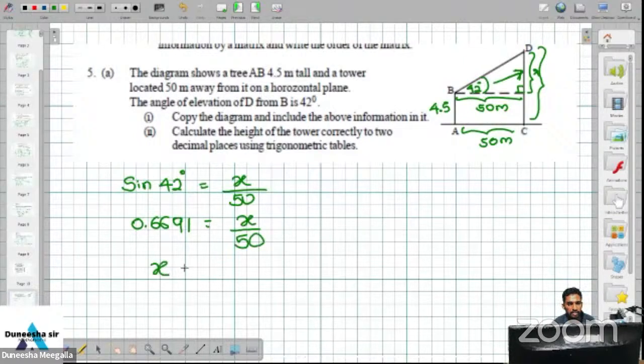And x is equal to 0.6691 multiplied by 50.